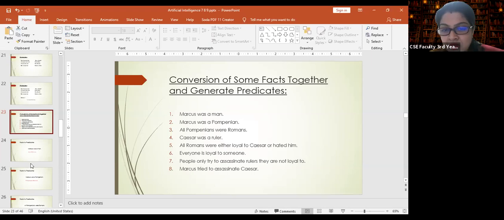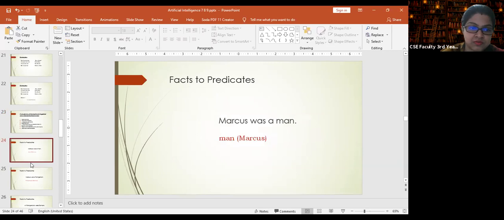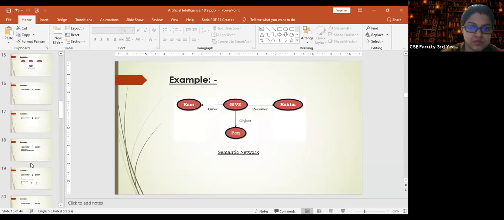See, this fact is not written in the given facts, but from number 7 and number 8, we can come to the conclusion that Marcus was not loyal to Caesar. Okay, so such things can be given, and by given facts, we can easily come to the conclusion of another fact, and by using the tree, we can easily prove that. So this is the part where such problems can come.